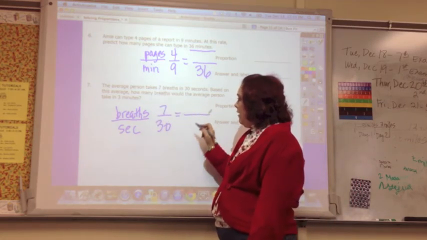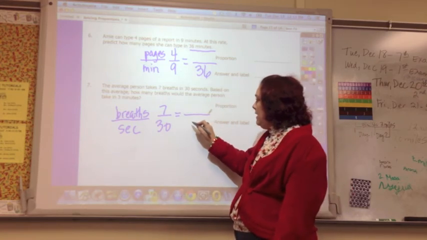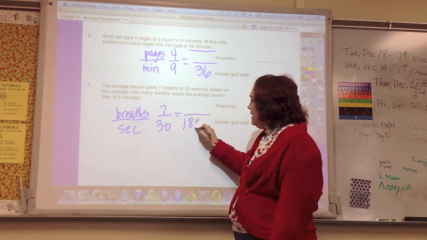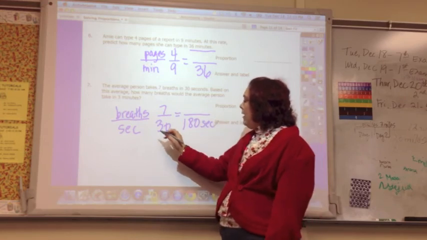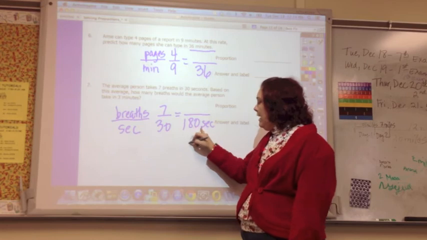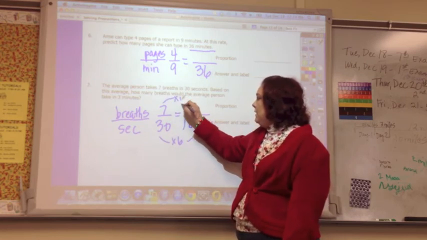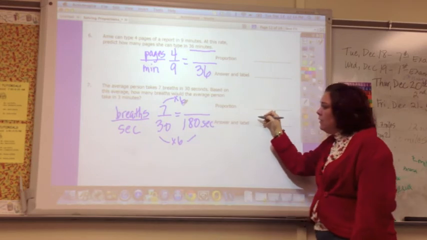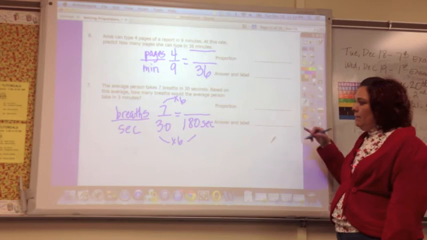And so 60 seconds in each minute, so 3 minutes would be 180 seconds. And then how do I get from 30 to 180? It's times 6. So 7 times 6. So go ahead and finish this out. Write your proportion, write your answer, and label it.